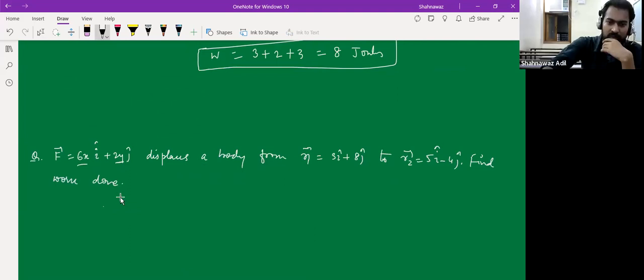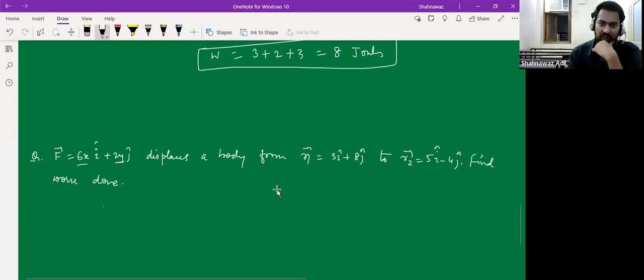So whenever your force is variable, you don't calculate the displacement vector like this. So you don't calculate R2 minus R1, right? This is the limit of the integral. I will talk about this later when you have the integral.